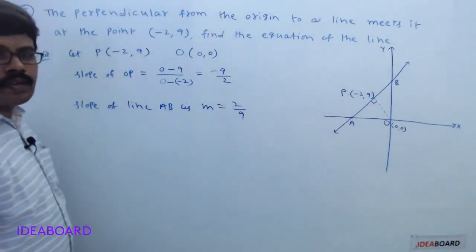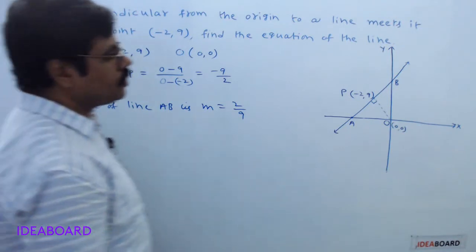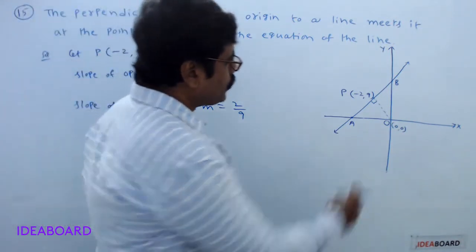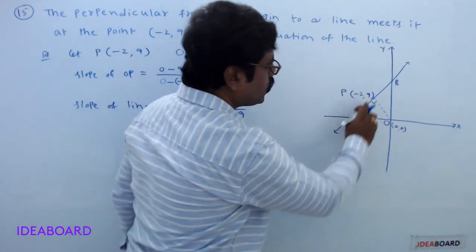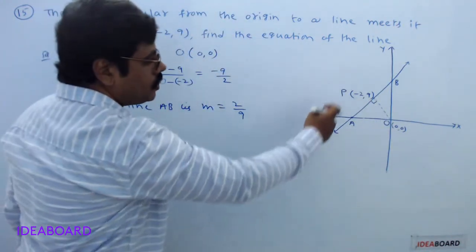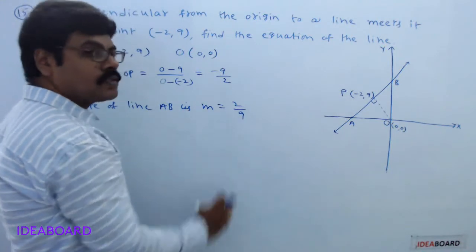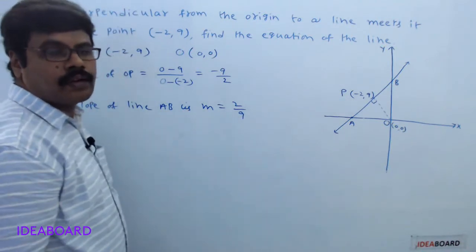The line AB passes through the point minus 2, 9 and its slope is 2 divided by 9.